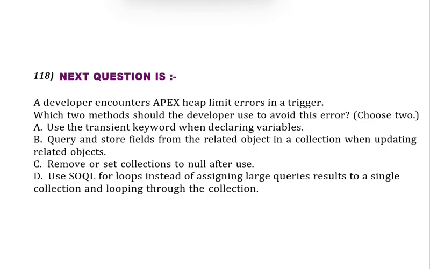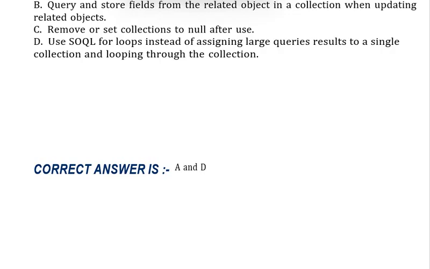Option C, remove or set collections to null after use. Option D, use SOQL for loops instead of assigning large query results to a single collection and looping through the collection. Correct answer is option A and option D.